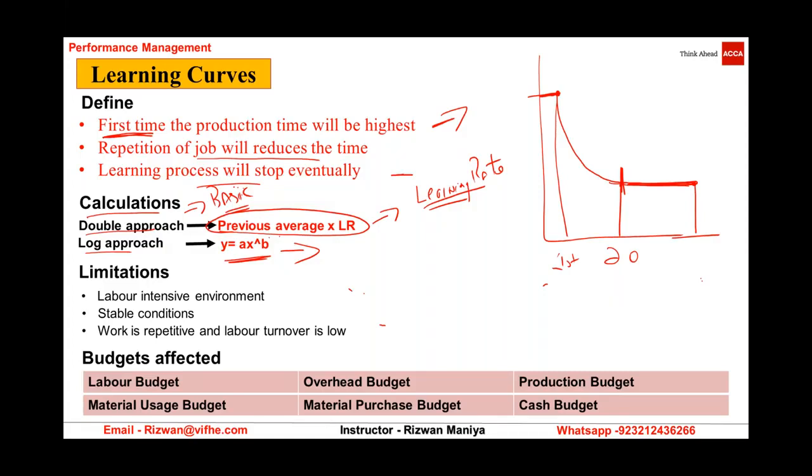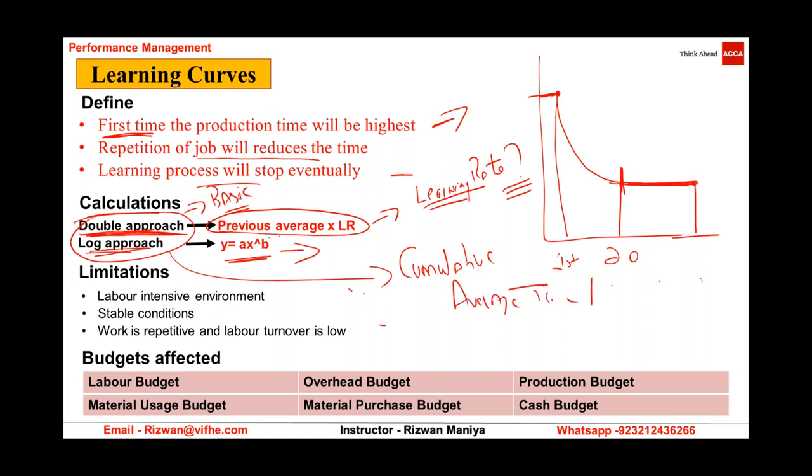So as I mentioned, this double approach is normally used for working out the learning rate if not given in the paper. So it's best to use the double approach in that case. Otherwise, in all normal situations, we'll be using the log approach. Both techniques provide you one answer, and that is the cumulative average time per unit.